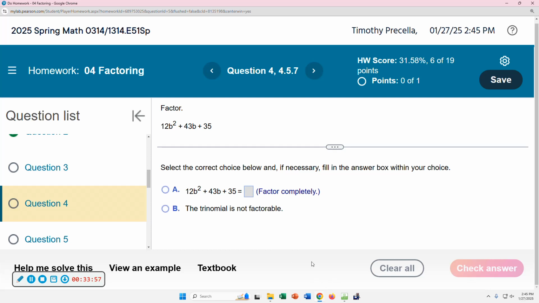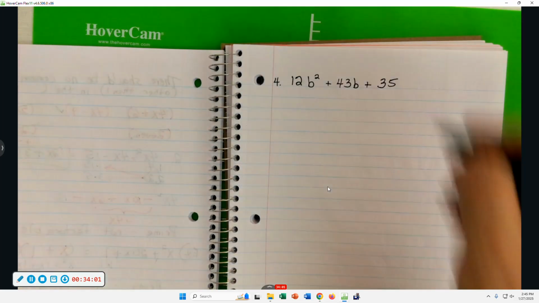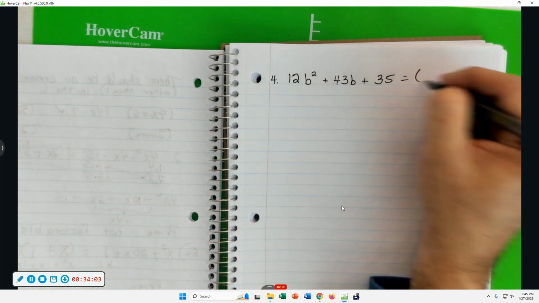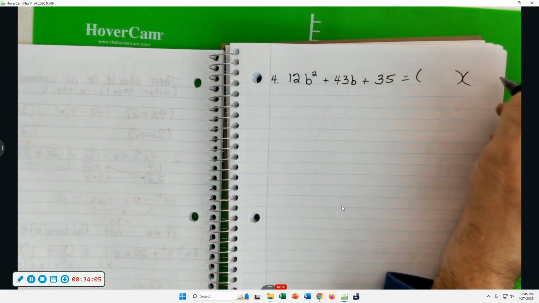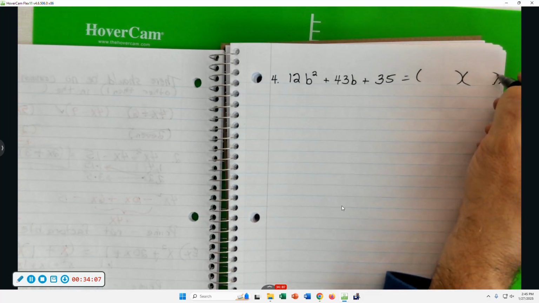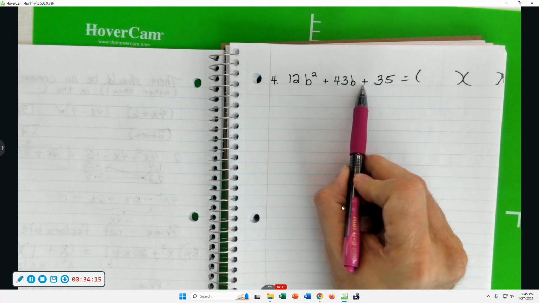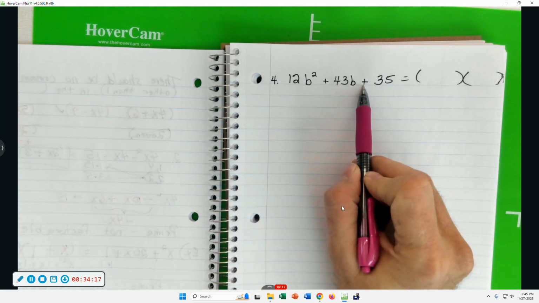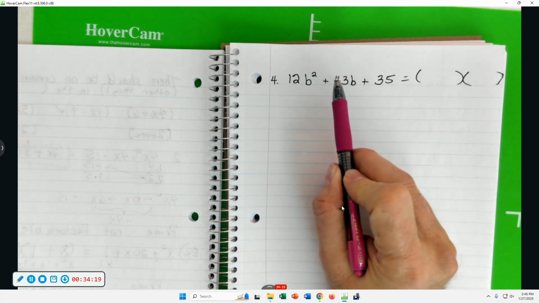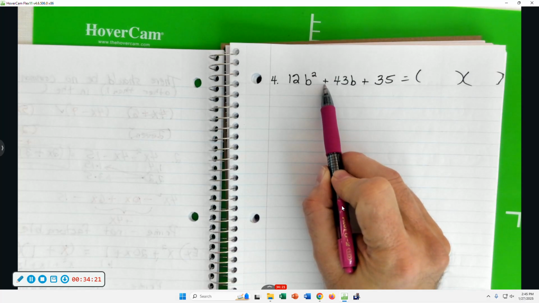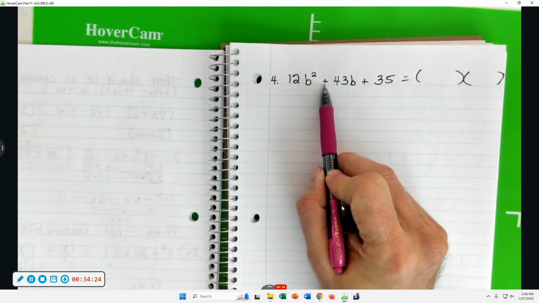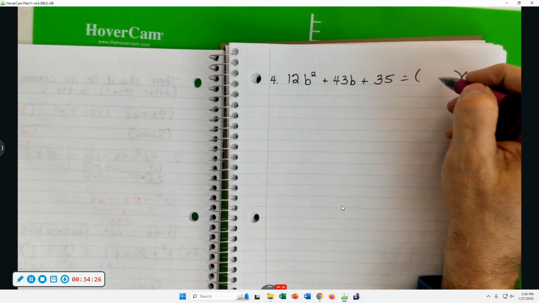I'm going to draw my 2 sets of parentheses. Actually, there's something nice about this. We know something nice about the signs. Second sign is plus, so 2 of the first signs. So a plus and plus going here.